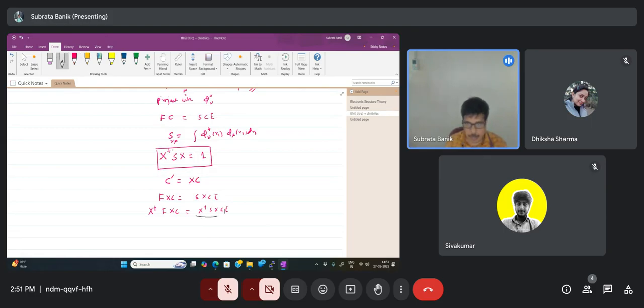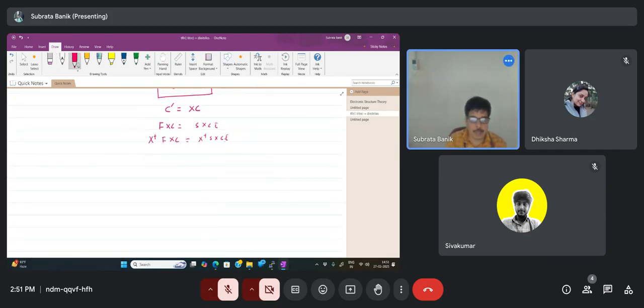By definition, this is equal to 1. So using that relation, we get a new transformation matrix.